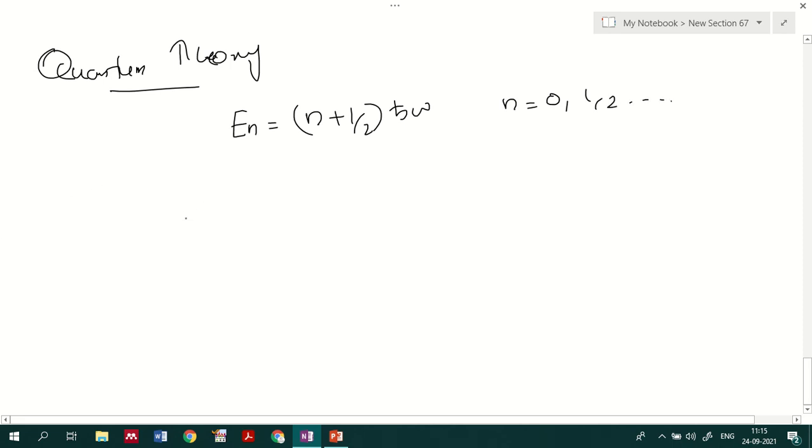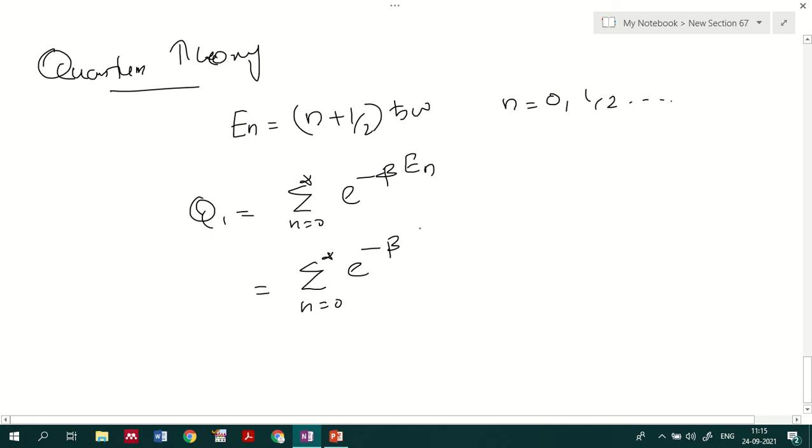Now if I come to the partition function representation here, q1 equal to the sum over n equal to 0 to infinity of e raised to minus beta En, which is the sum over n equal to 0 to infinity of e raised to minus beta h cross omega by 2, for n equal to 0.